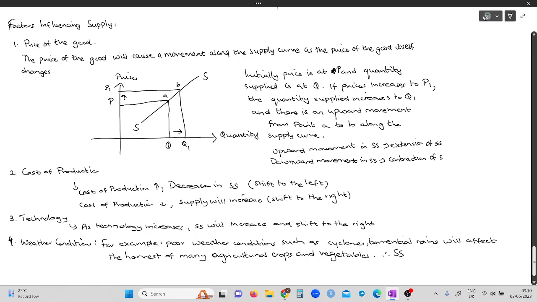Therefore, supply will decrease and shift to the left. Okay, so then take it and then we move on.